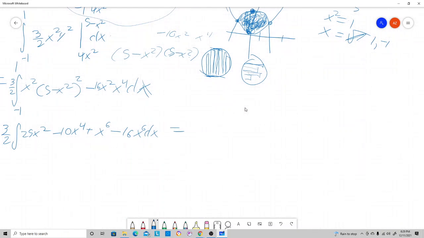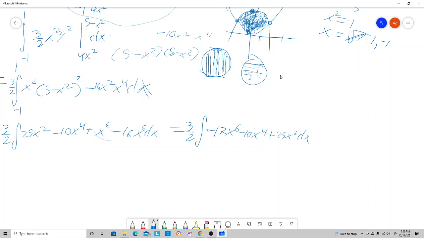We have 3 over 2, and these terms can go to negative 17x to the 6th, and then this can just stay as negative 10x to the 4th plus 25x to the 2nd, dx.